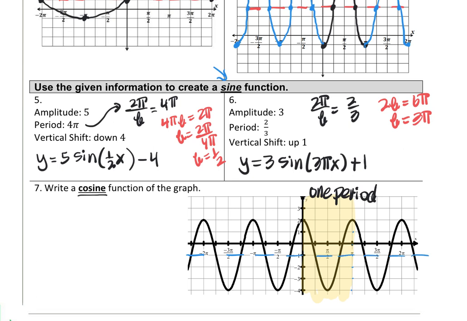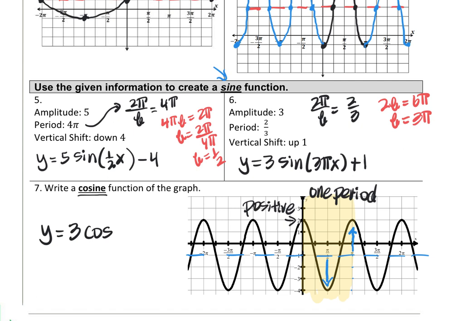Right in the middle. That means I'm going up 3 and I'm going down 3. So that means that my amplitude is 3. So now, and since it's starting on the positive side of this midline, I know it's a positive 3. That goes there first, okay?